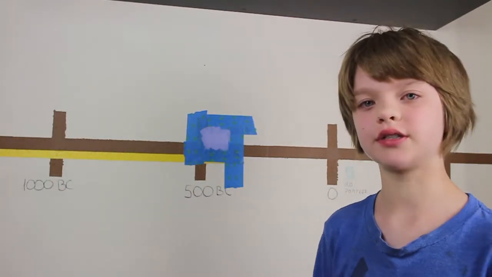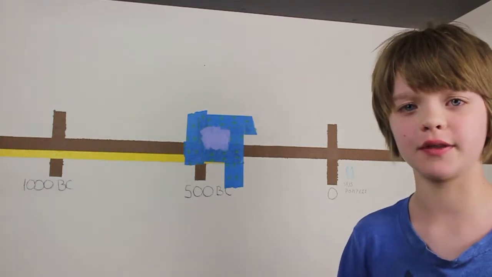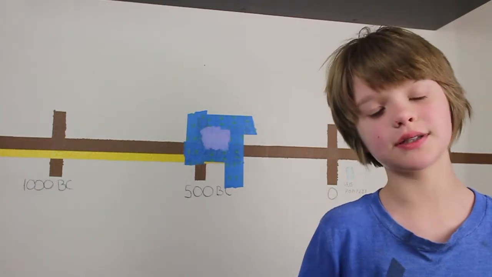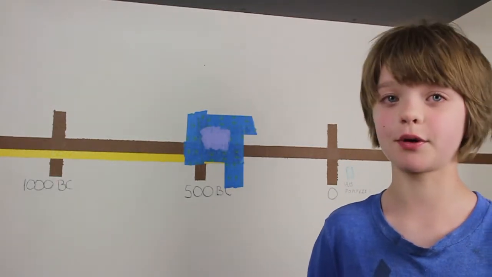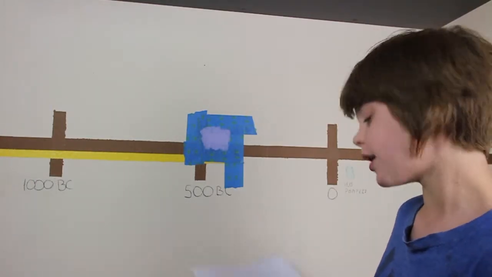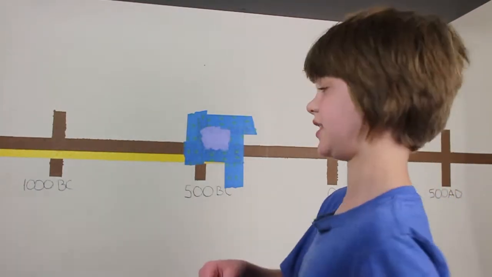So now I'm going to draw that on my timeline, and you also might know the Greco-Persian War because it's from the movie 300, which has the famous scene, "This is Sparta." So we are going to be drawing this, and I think that it's a pretty cool moment in history. So let us draw.